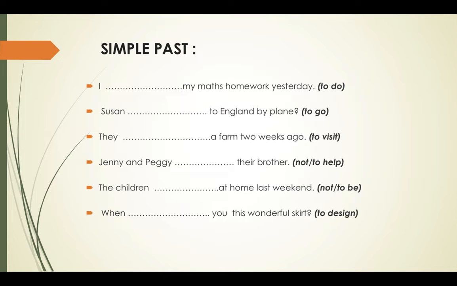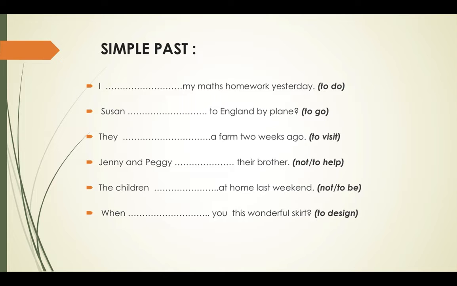We add ed, d, or ied just in affirmative sentences. In negative we put didn't plus the verb in infinitive: I didn't go to school yesterday. In question form we put did plus the subject plus the verb in infinitive plus the question mark. So try to revise the rules.